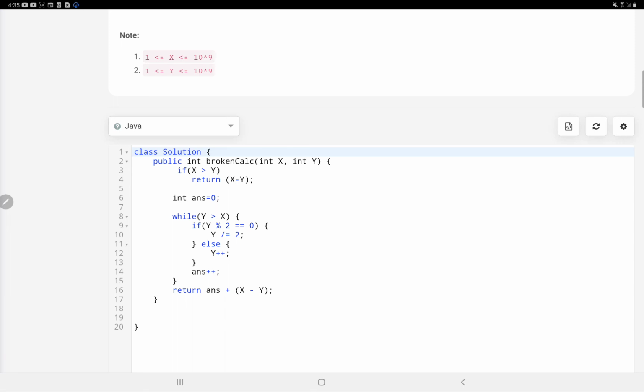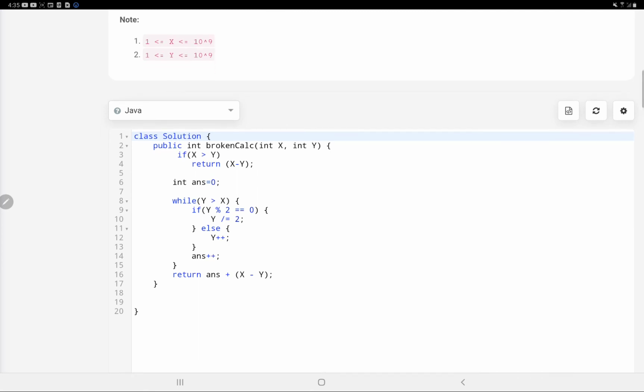We are adding 1 in this case because if a number is not divisible by 2, then it's an odd number, and adding 1 to it makes it even, hence divisible by 2. And either we divide it or increment it, we increment the answer variable, which counts the number of operations.